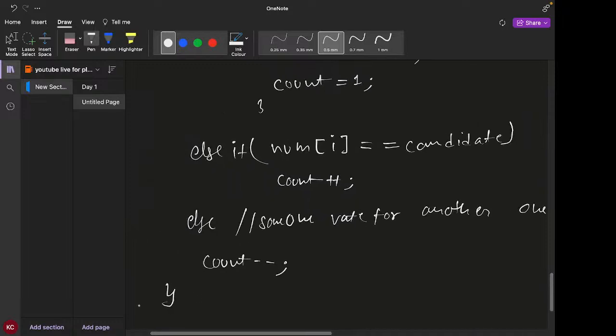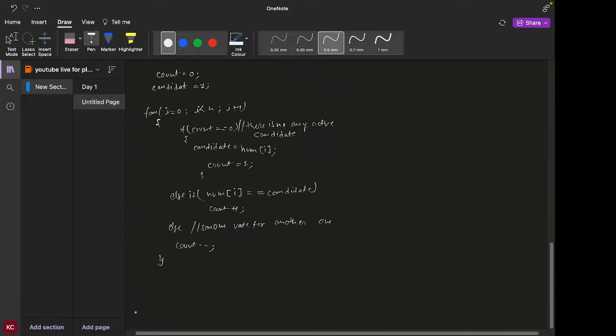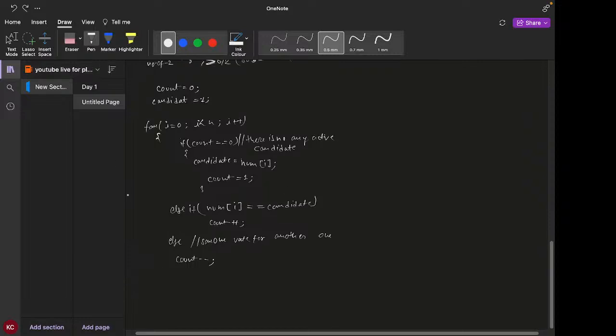And when we complete our loop, we have to verify the majority element.